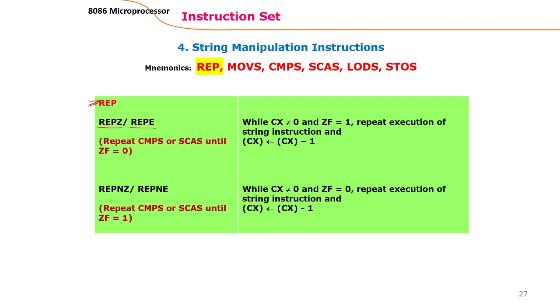Here this gives the condition: if CX is not equal to 0 and the zero flag is 1, then this instruction will keep on repeating, and after each repetition it decrements the CX value by 1 and puts it back into CX. That means CX works by default as the count in repeat instructions.